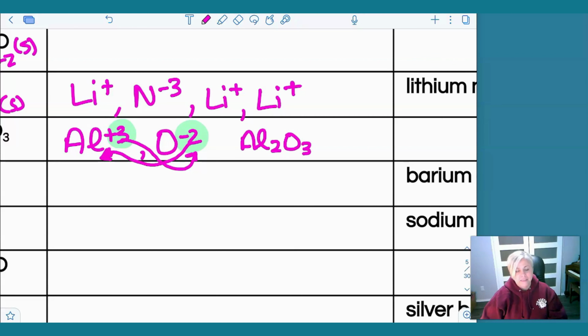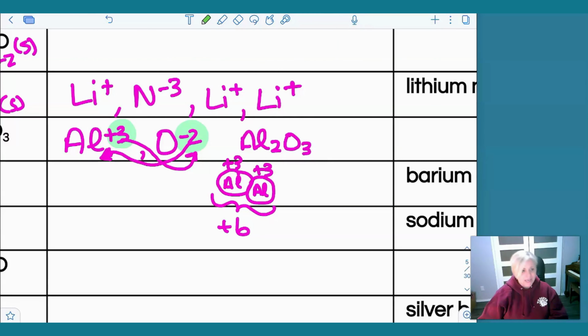Al2O3. Now that seems a little bit strange to do, but to check your work, you can add them up. So just to look for space here, what this means is I've got 2 aluminum atoms. Each of them are plus 3s, plus 3 and plus 3. So here I've got a maximum of plus 6.